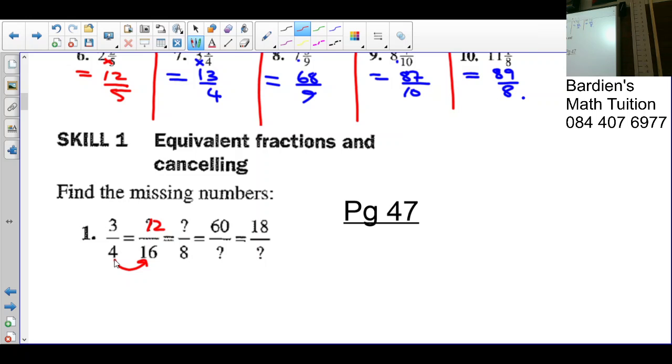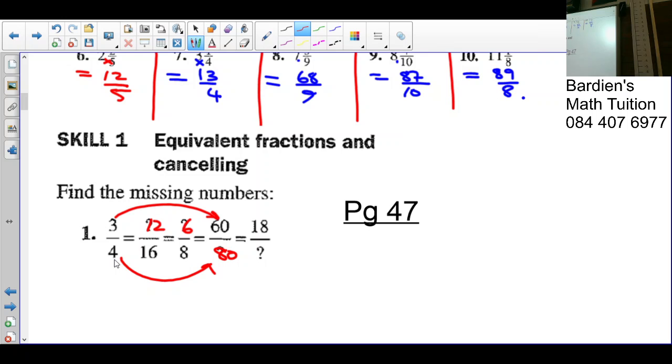Now you should be asking yourselves, how do I get from 4 to 16? Times 2. 3 times 2 is? 6. You guys understand? This is what we call equivalent fractions, no? 3 times what is 16? 3 times? 20. 4 times 20 is? 80.